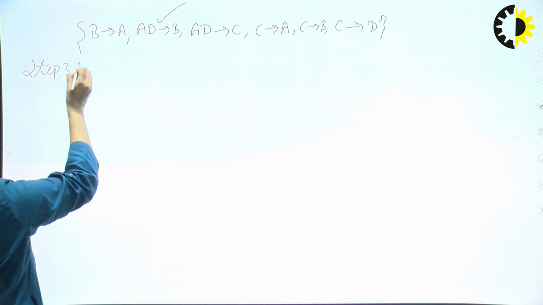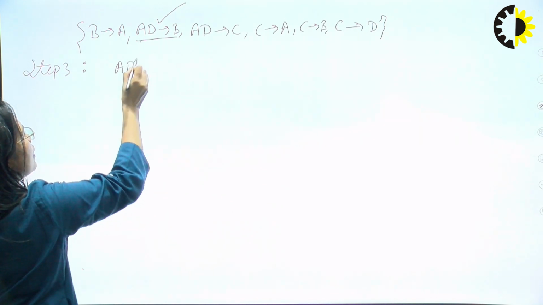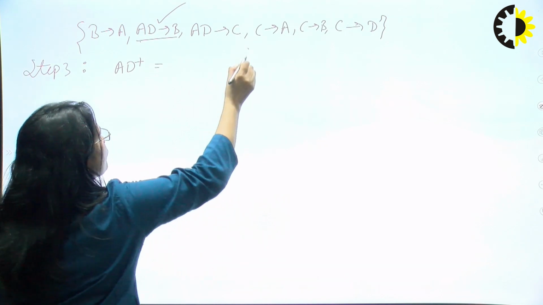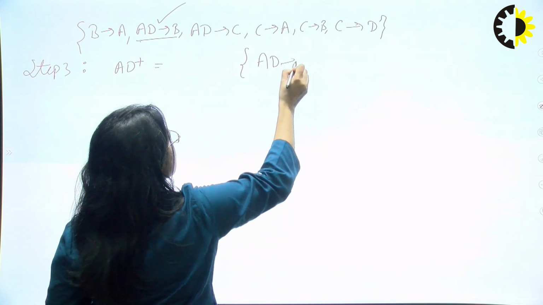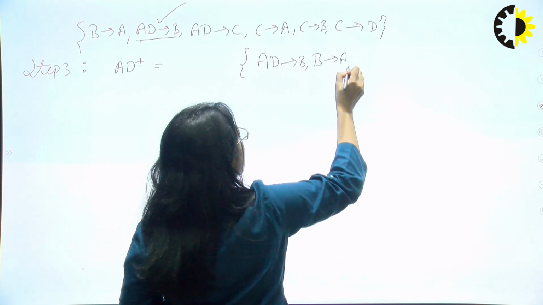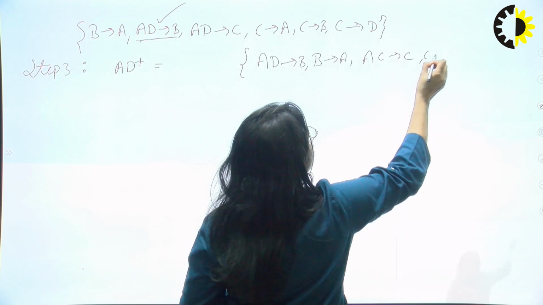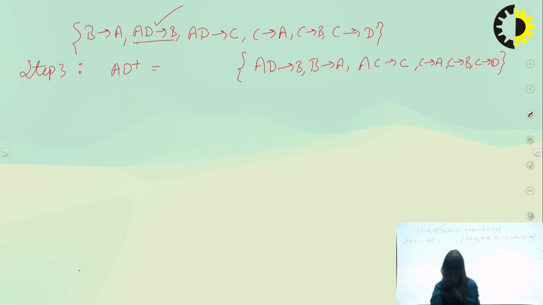Right. So in this again we will check for this functional dependency. So we will calculate the closure of AD with the set excluding this functional dependency. AD tends to B, okay, this is also here. B tends to A, AD tends to C, C tends to A, C tends to B, C tends to D. And again, what will we do?